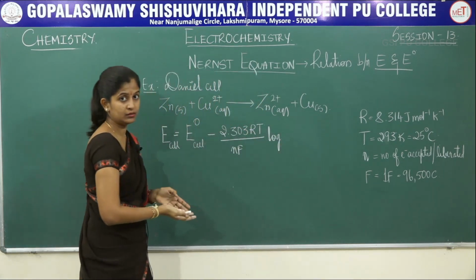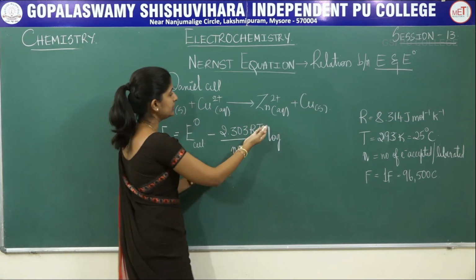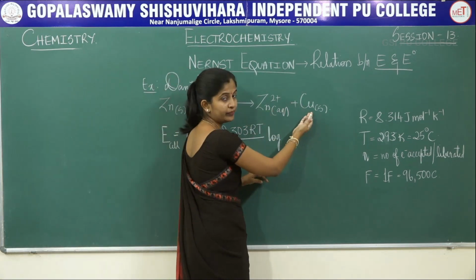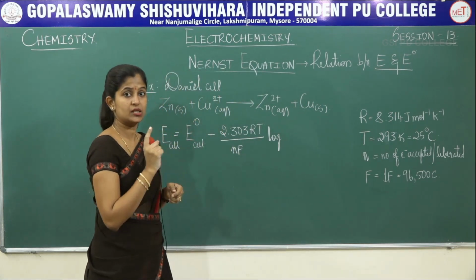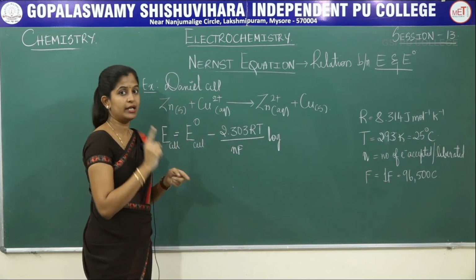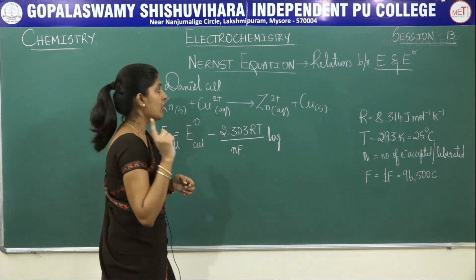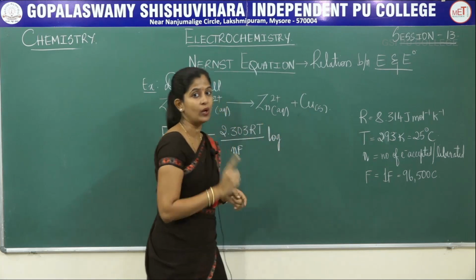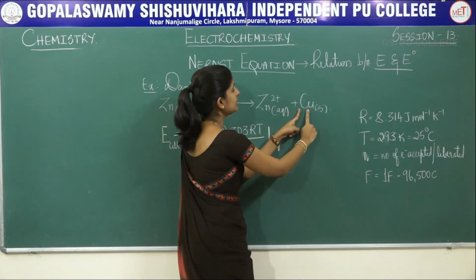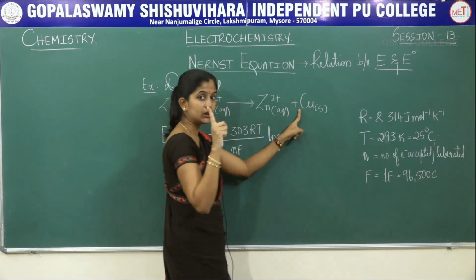product divided by reactant. So product is Zn2 plus and copper. Remember, for any pure element in standard states, that is solid, liquid or gas, the concentration of those pure states of metals will be equal to 1. That is, the concentration of copper here will be equal to 1.